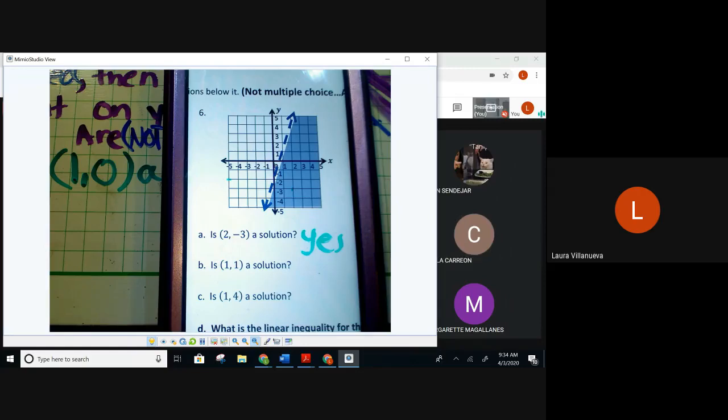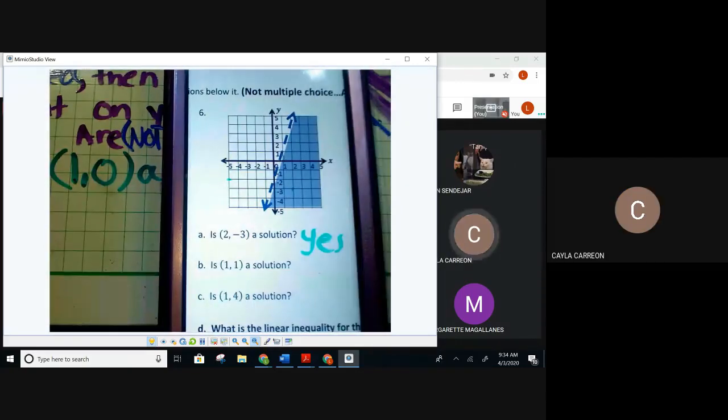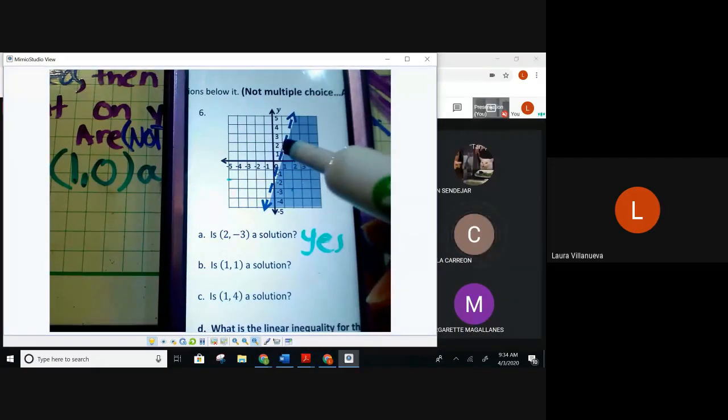Now let's check 1, 1. 1, 1 is actually right on the line. You see that? But in this case, the line is dotted. That means that all of the points on the line are not included in your solution.